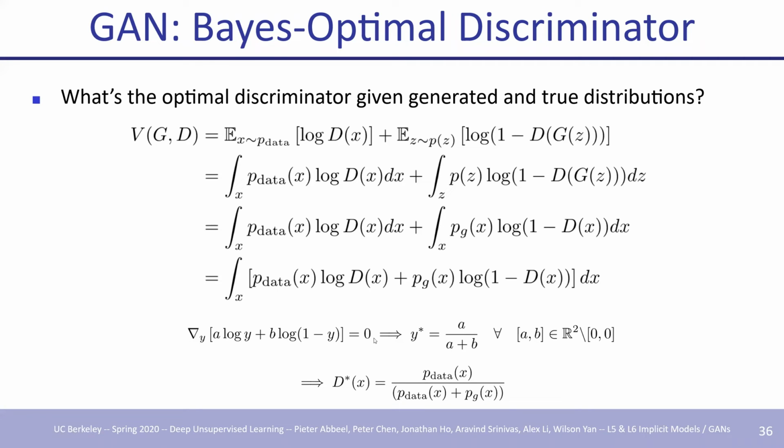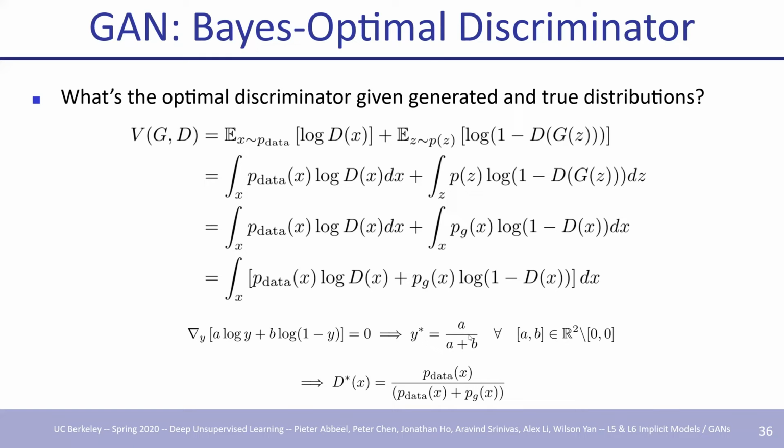So trying to optimize, and again, D of X and X are not related here, so there's another assumption here. If you calculate this, the gradient is just the derivative, right? And the derivative of the log is 1 over Y. So this becomes A over Y plus B over 1 minus Y equals 0.